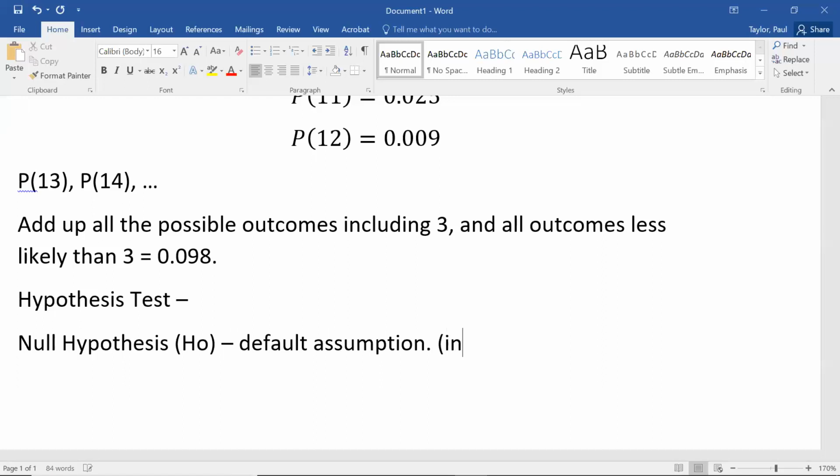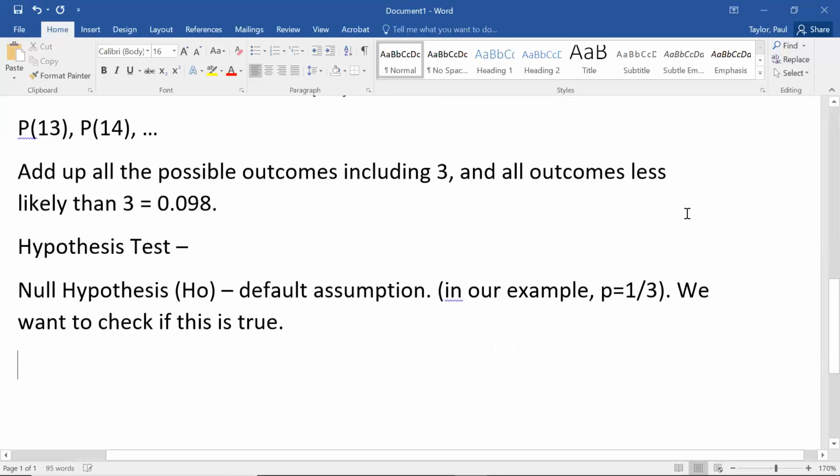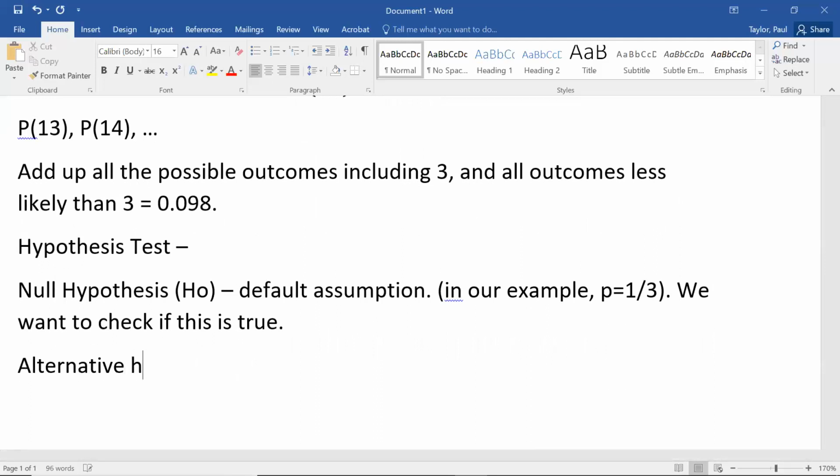So in our example, that p is equal to 1/3. And we are trying to basically check if this is true. And then there's going to be something we call the alternative hypothesis.